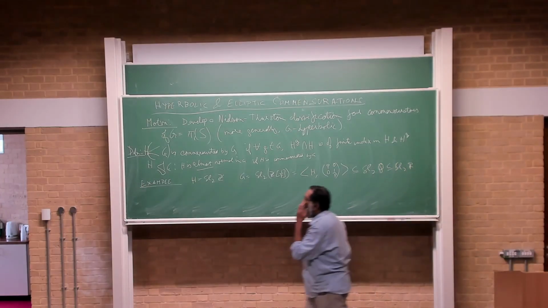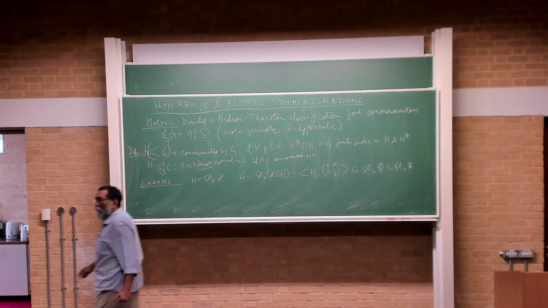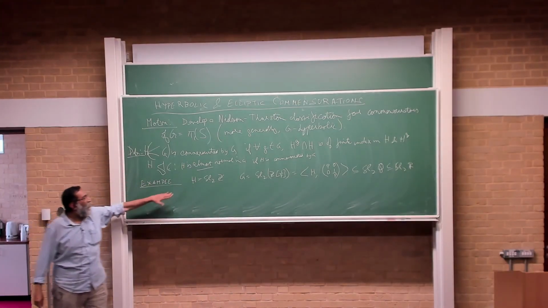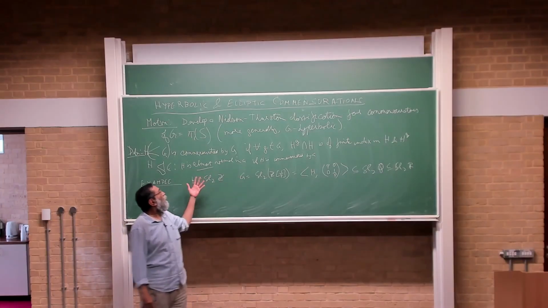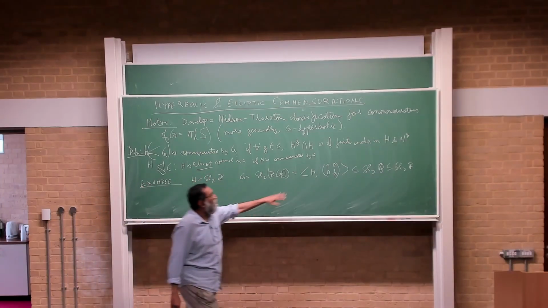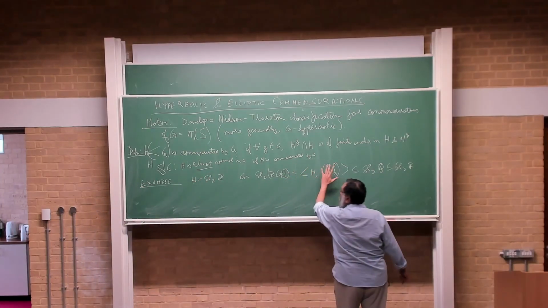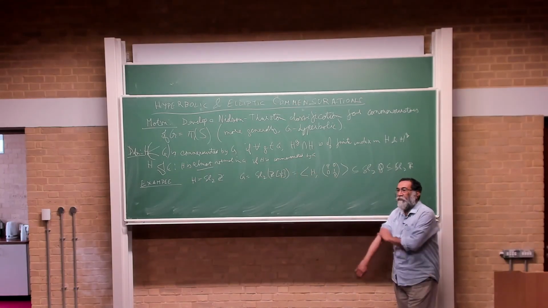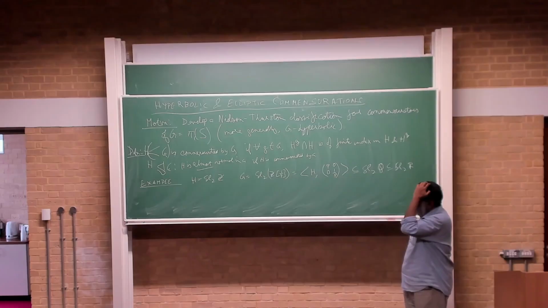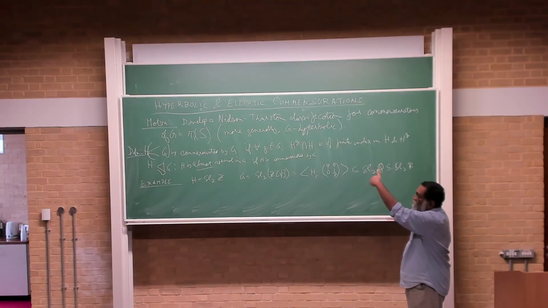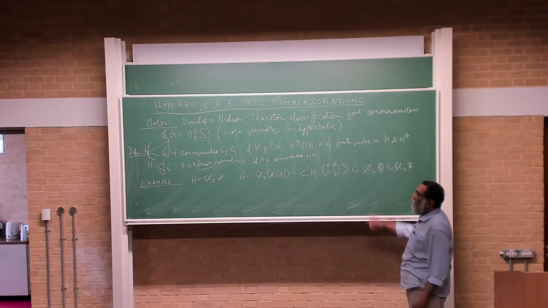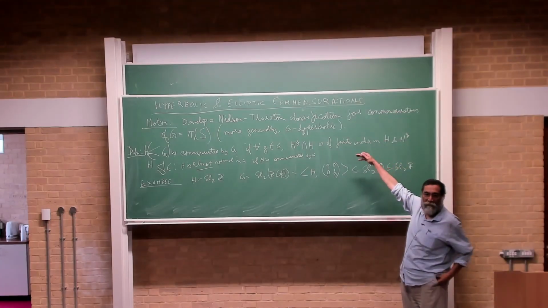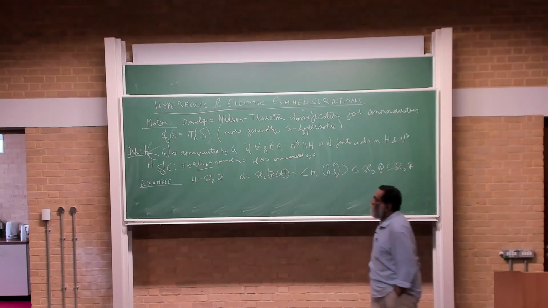This will turn out to be an example of an elliptic. All elements of this bigger group will commensurate this because this particular diagonal matrix commensurates SL2Z, and the commensurator is a group. We'll say a little more about the dynamical classification. This will turn out to be something that's elliptic.